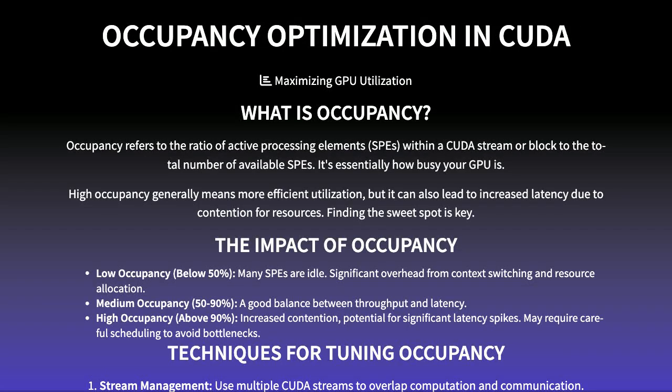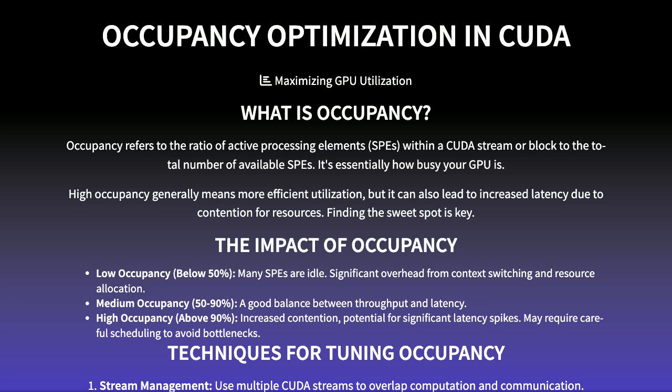Okay, let's talk about a really important concept in CUDA programming: occupancy. Think of your GPU processing units like busy workers. Occupancy is simply how many of those workers are actually doing something at any given time. High occupancy means you're making the most of your GPU potential, but too high can cause bottlenecks because everyone's fighting for resources.